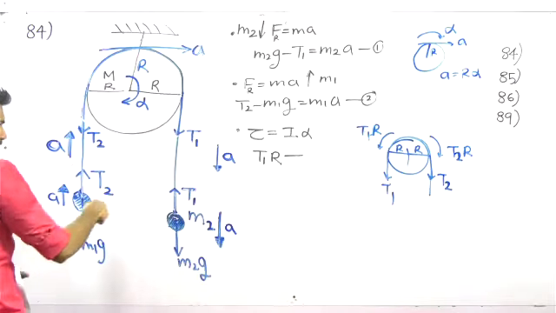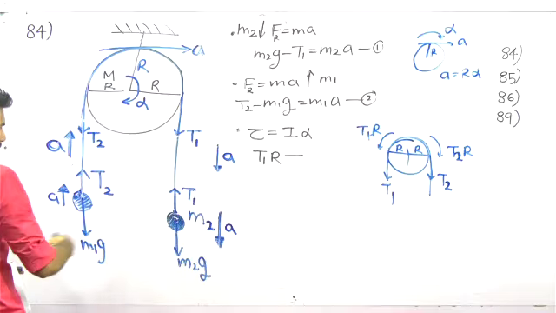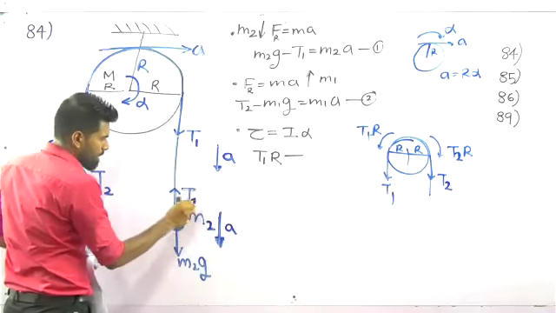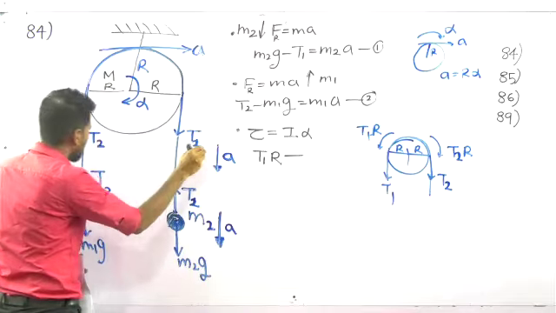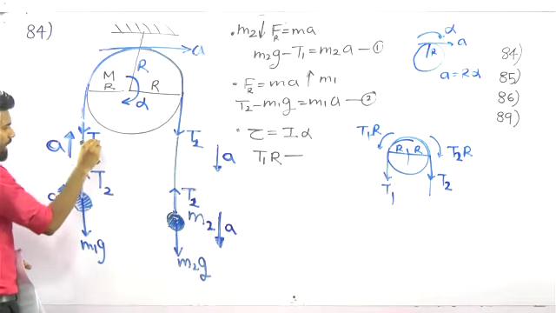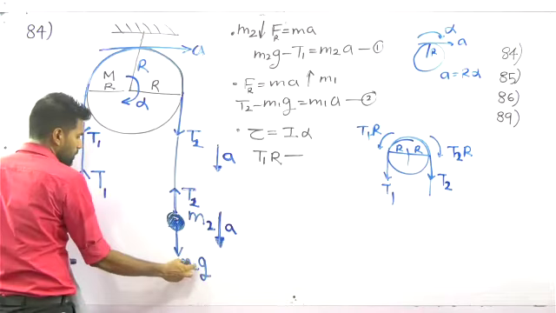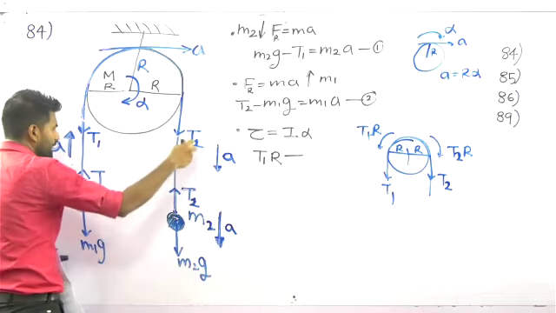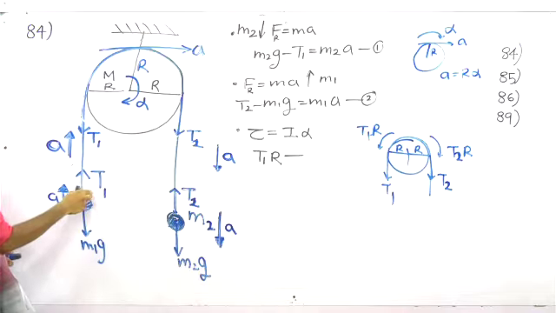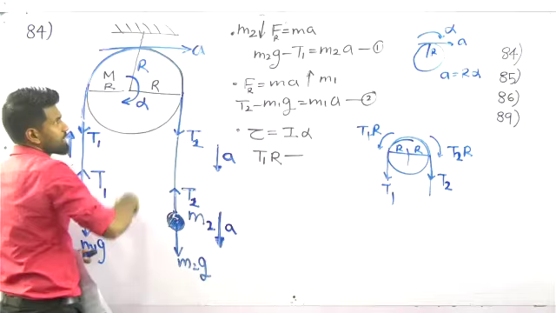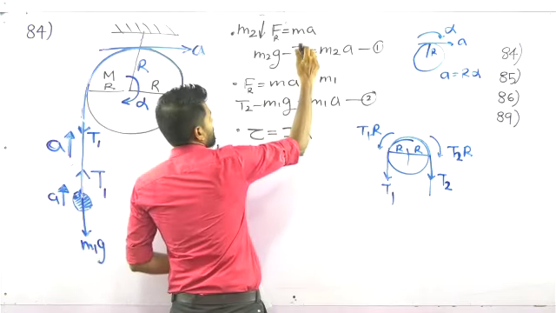It's better to correct the symbols, no? As this is M2, let's mark T2 here, and here T1 will be better. So M2g minus T2 equals M2a, it's matching then.